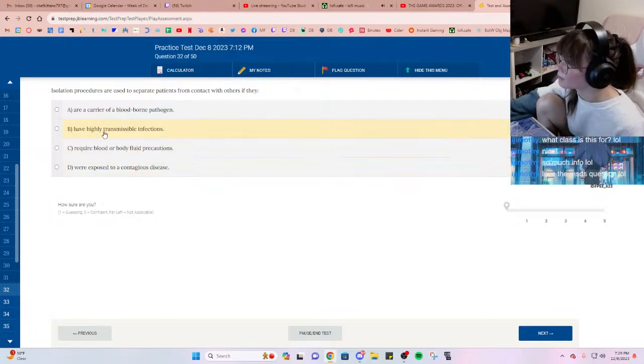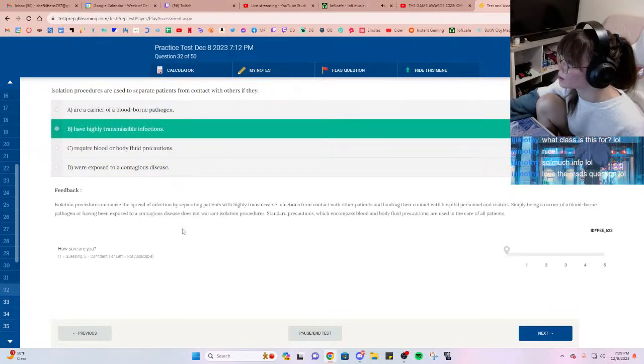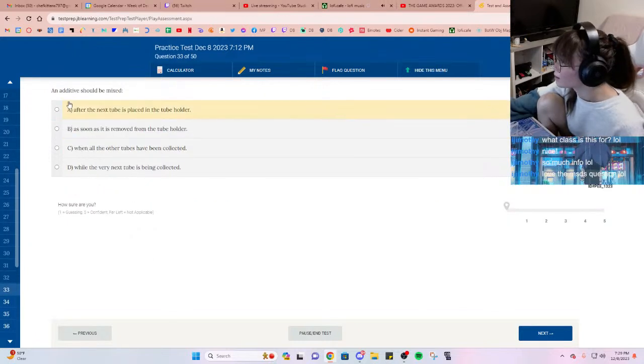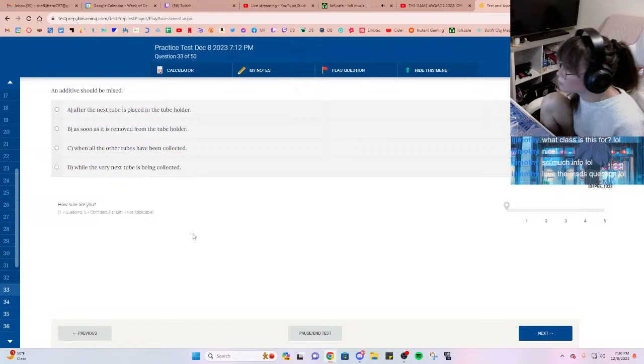I think it has to have highly transmissible infections. An additive should be mixed after the next tube is placed in the tube holder, as soon as it is removed from the tube holder, when all the other tubes have been collected, or while the very next tube is being collected. Tube holder. As soon as it is removed from the tube holder.